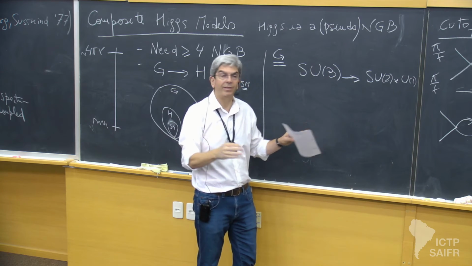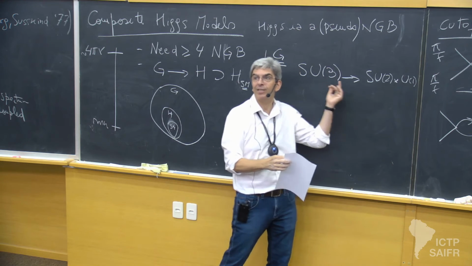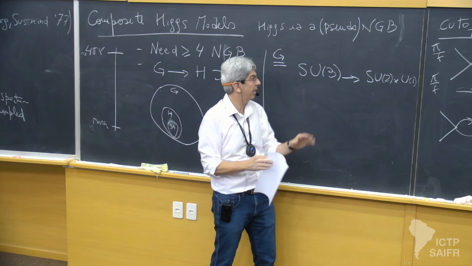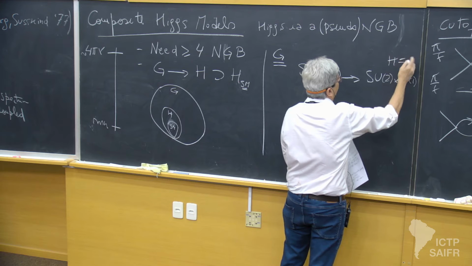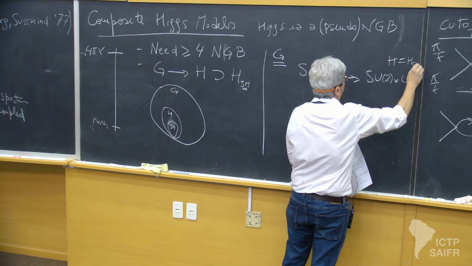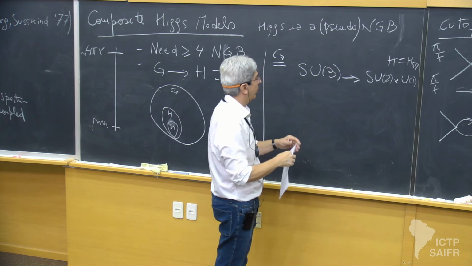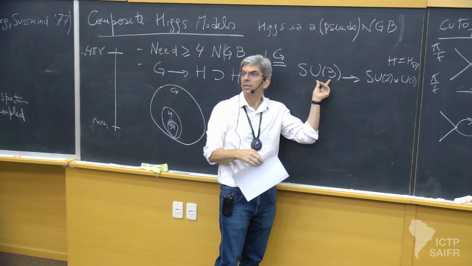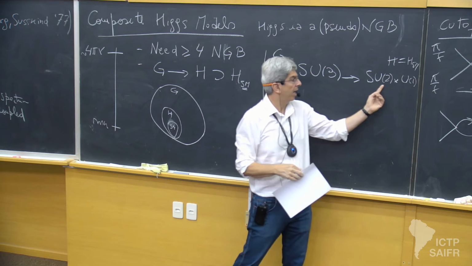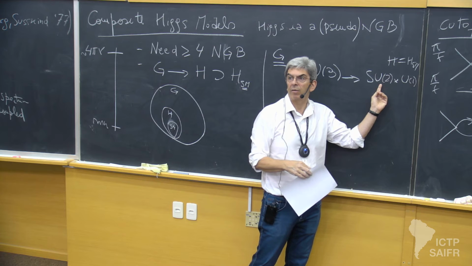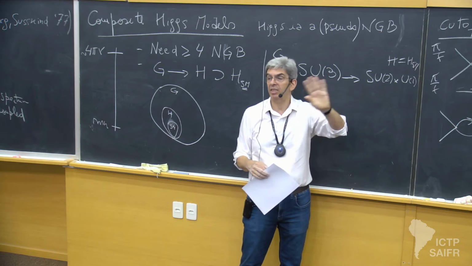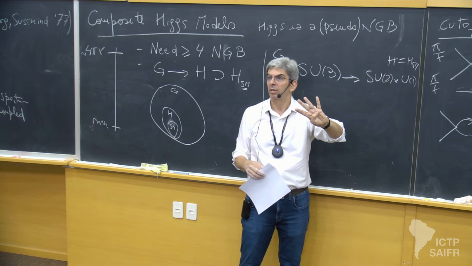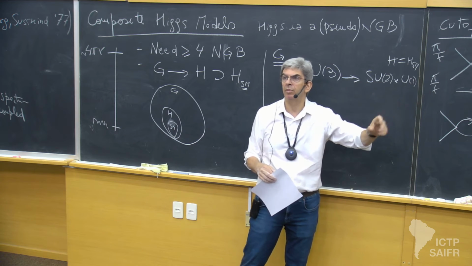Then, of course, you're going to gauge this, which is inside here, so everything works. If this was G and this was H, and H coincides with the standard model, then let's count the number of Goldstone bosons. I have 8 generators here, unbroken 4 generators, so 4 broken ones. So that checks out. I have 4 broken generators, 4 Goldstone bosons.